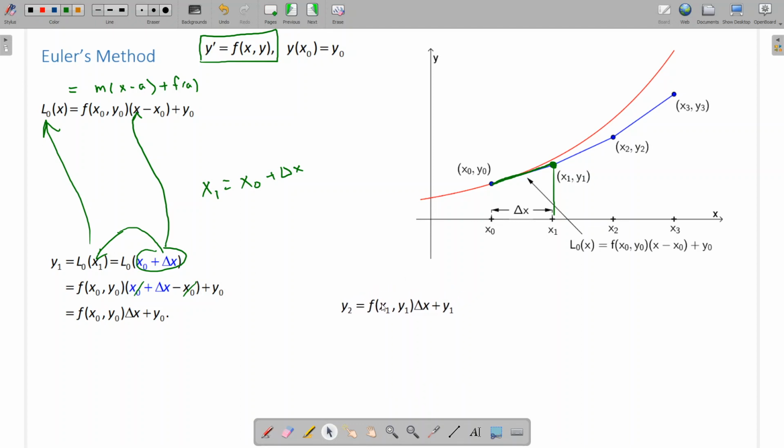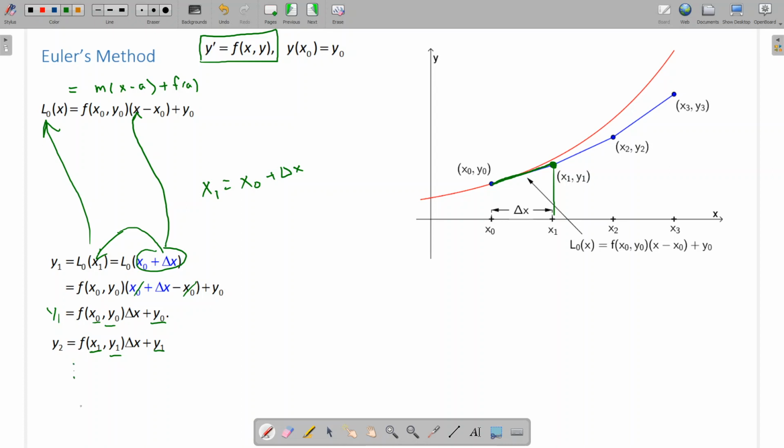If you go through the whole thing and do the same process for y2, you'll see that it has basically the exact same structure. So what is that structure? Notice that the subscripts in this expression are just one less than the subscript here. And the same thing is true in this case as well.